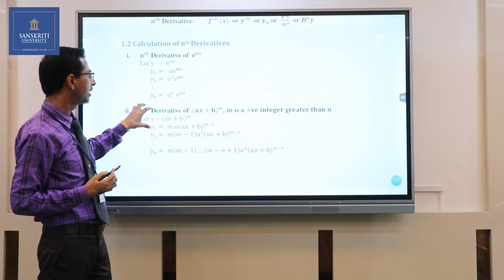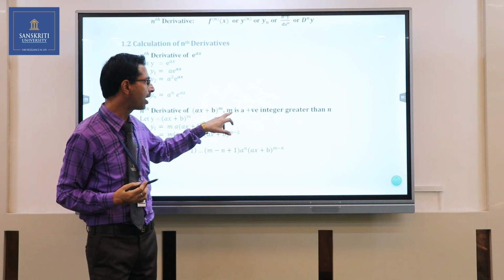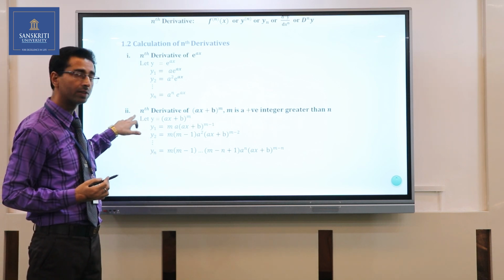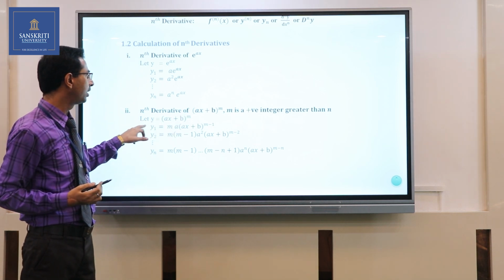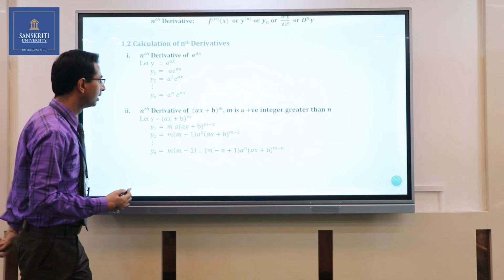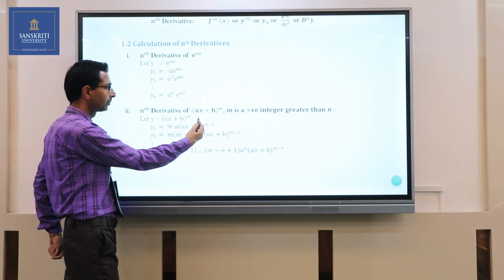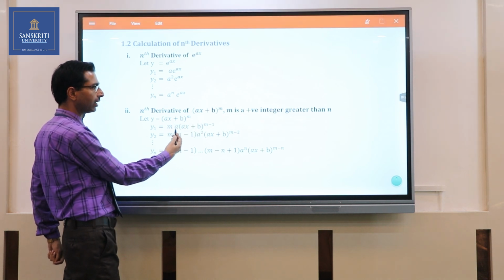Similarly we find the nth derivative of ax plus b to the power m, where m is a positive integer greater than n. First we take y is equal to ax plus b to the power m. The first derivative of ax plus b to the power m is m times ax plus b to the power m minus 1, and then the differentiation of ax plus b is a.